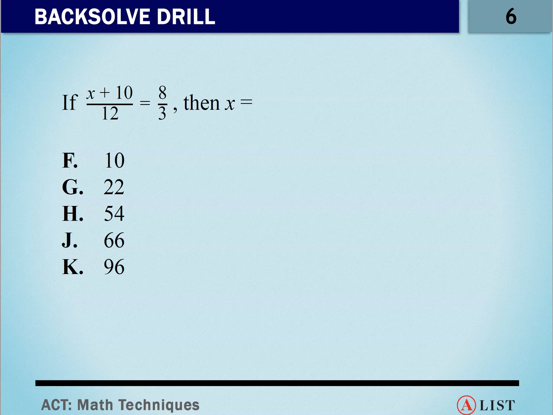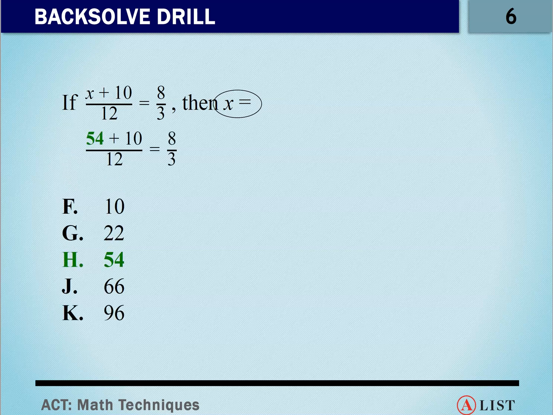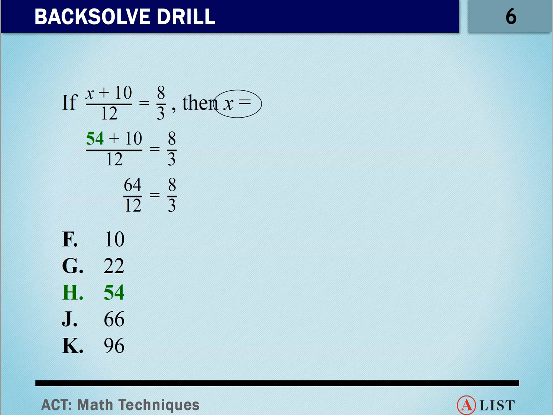If (x plus 10) over 12 is equal to 8 over 3, then what does x equal? This is question 6, so it should be a fairly easy problem. Take the middle number, 54, put it into the problem, solve it. Now, 64 over 12 equals 8/3. You may not be familiar with fractions or know whether that gives you the same or not the same.